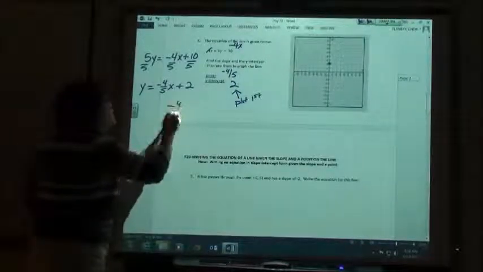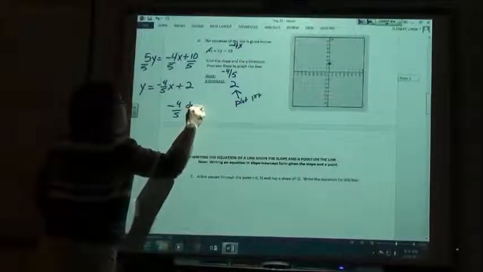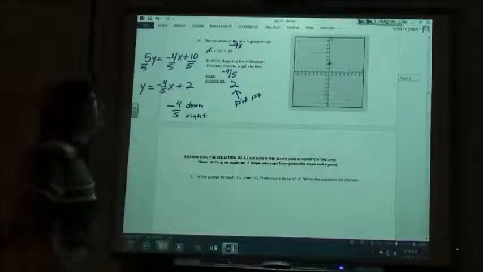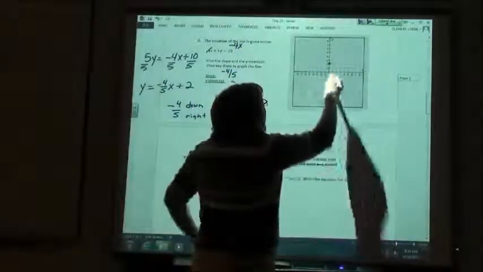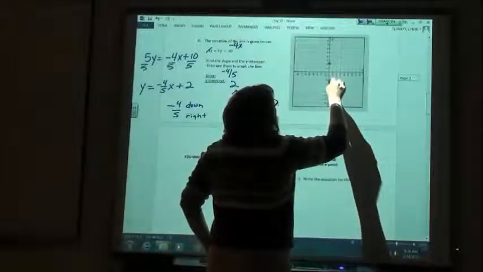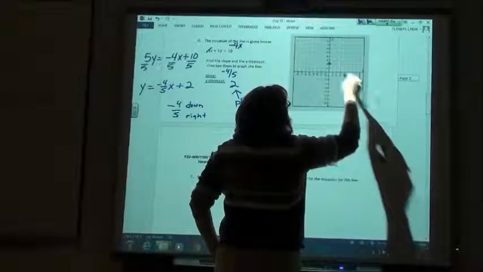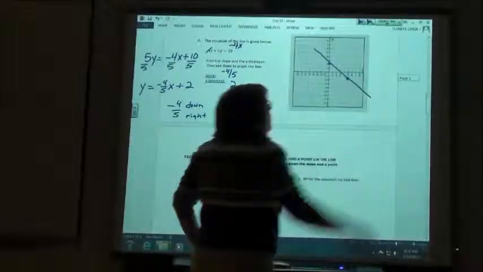Then I can use my slope. If my slope is negative 4/5, I'm going to go down 4 and over 5. So from this 2, I go 1, 2, 3, 4 down and 1, 2, 3, 4, 5 over. I don't think I can do any more points than 2 or I'll run off my graph.